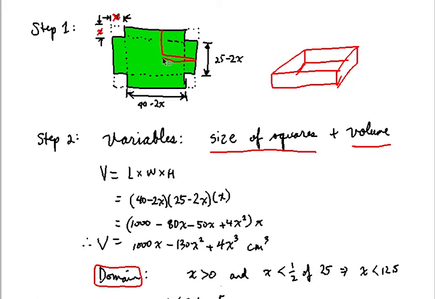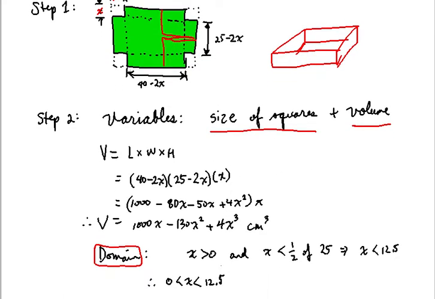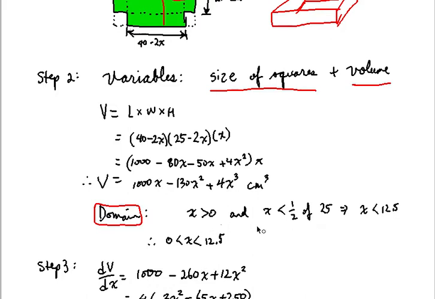And if I go anything bigger than half of 25, I'm going to be overlapping these squares and I'll have nothing. So try to think of the physical restrictions on your domain when you're doing this. And so x must be a value between 0 and 12.5. 12.5 is half of 25, right?